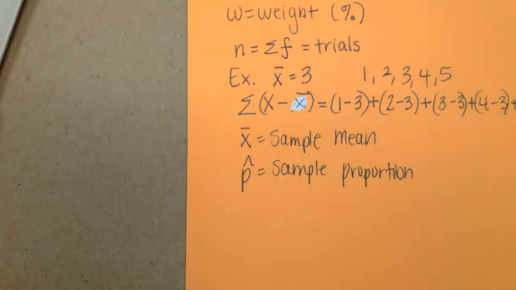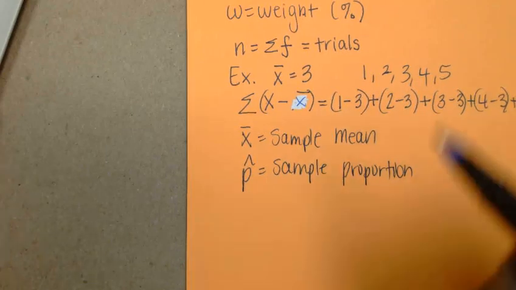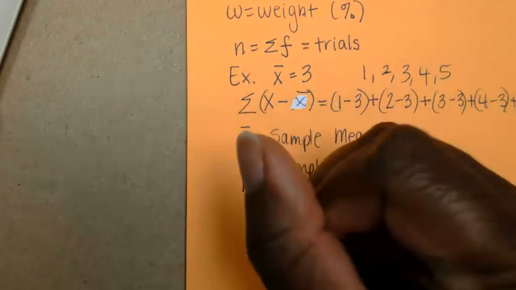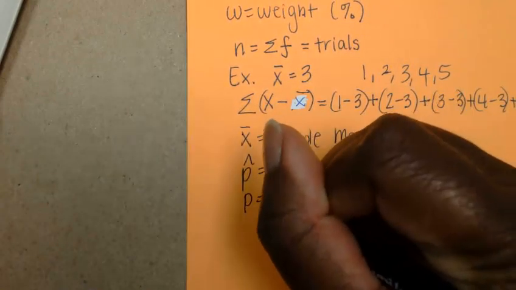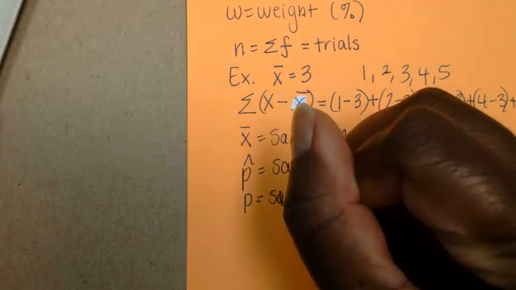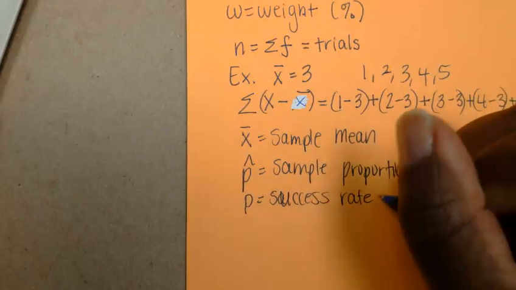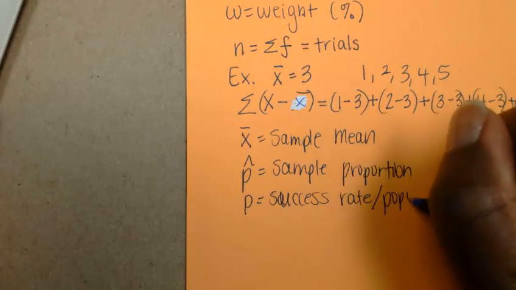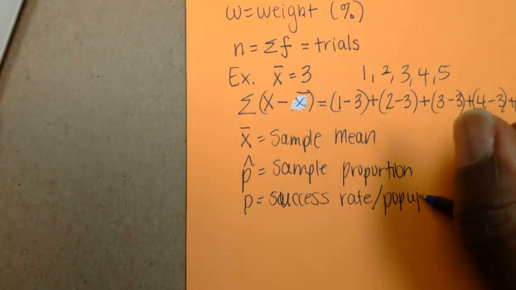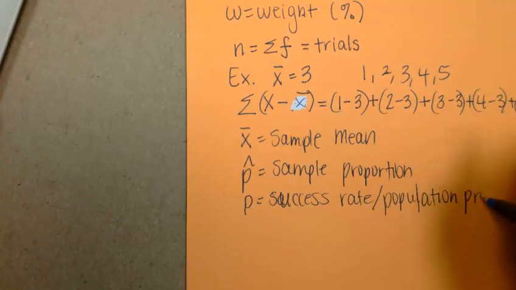So this is sample proportion, and this is a success rate. And p is your success rate, or population proportion.